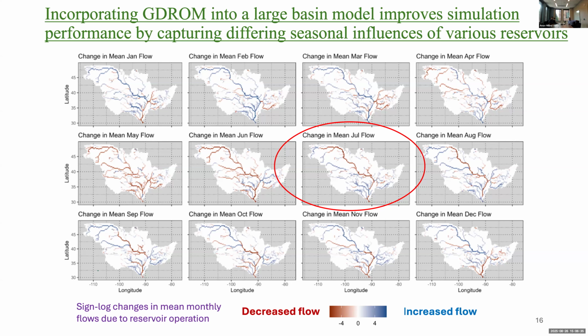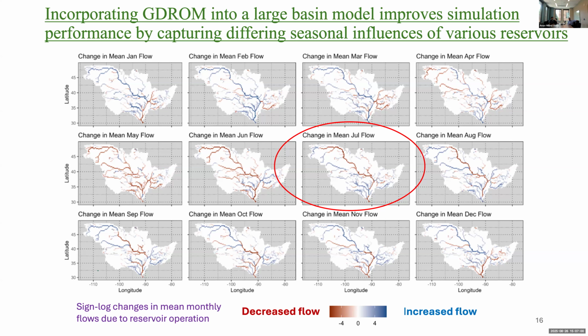We could explain it this way. Many of these irrigation reservoirs, major water supply and irrigation reservoirs, are located on the tributaries and not on the main stem. But in this model, regarding multiple human interference, we only considered reservoirs.